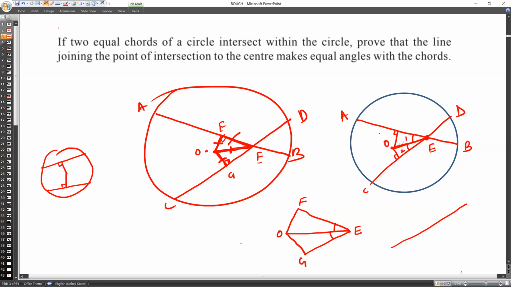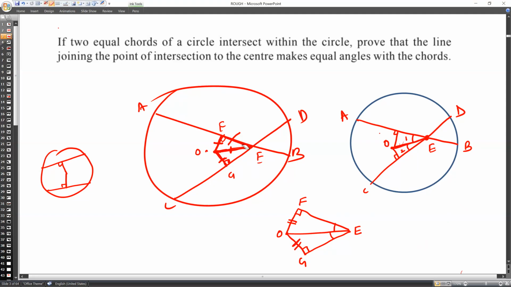So OF will be equal to OG because AB and CD are equal chords, and OF and OG are perpendicular. So the perpendiculars drawn on equal chords from the center are equal. Got it?